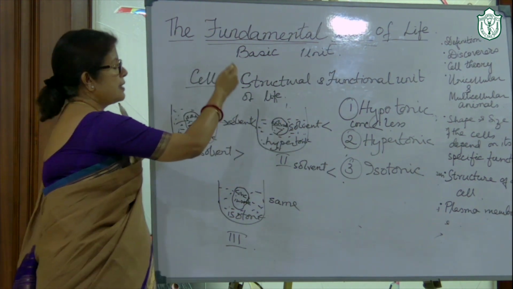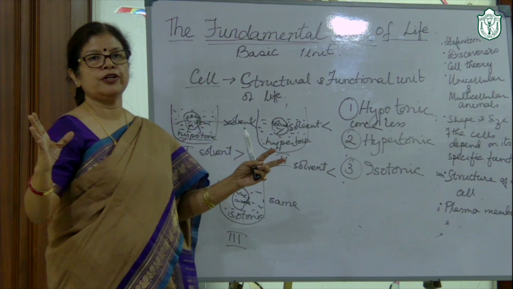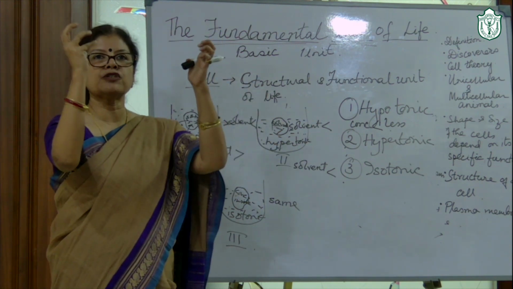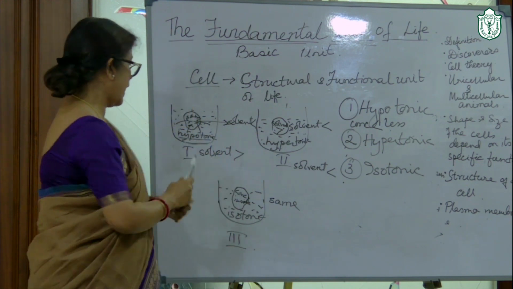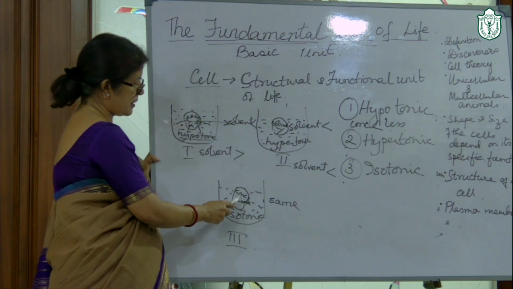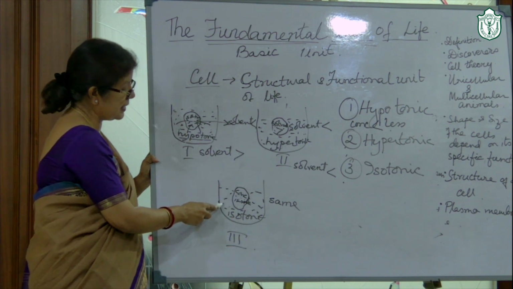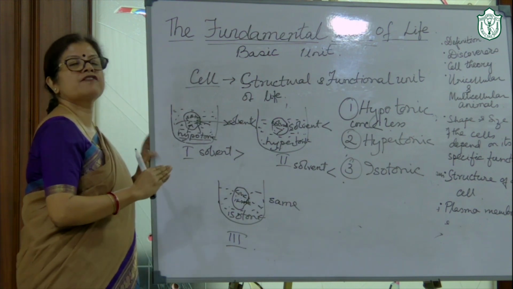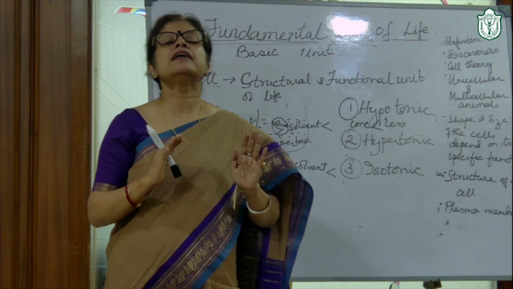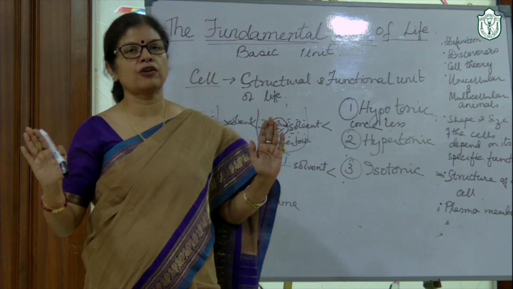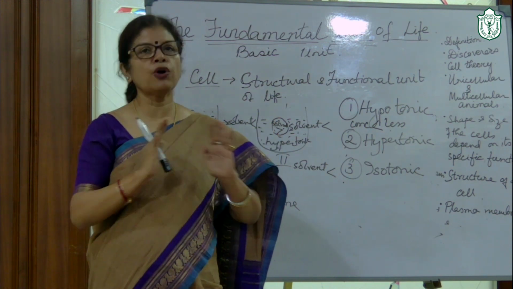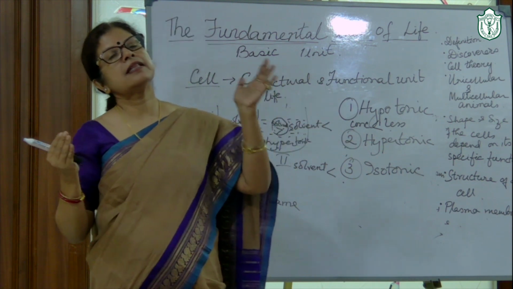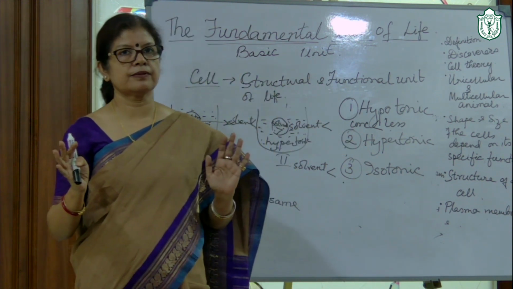So the cell will lose water molecules in a hypertonic solution and gradually it shrinks. And when the inside concentration of the cell and its outside solution have equal concentration of solute and solvent, that means it is an isotonic solution, and there will be no movement of molecules between the cell and the outer solution.